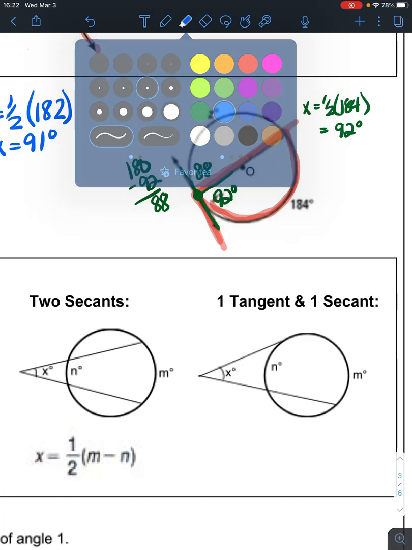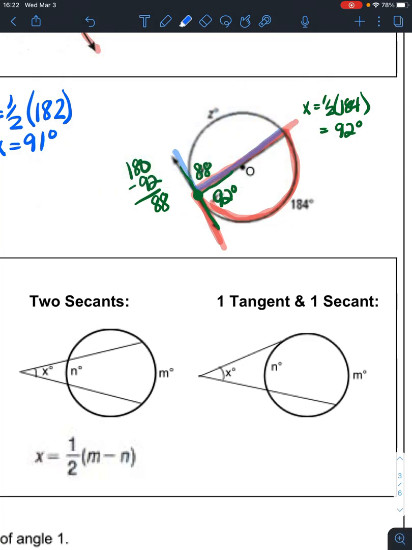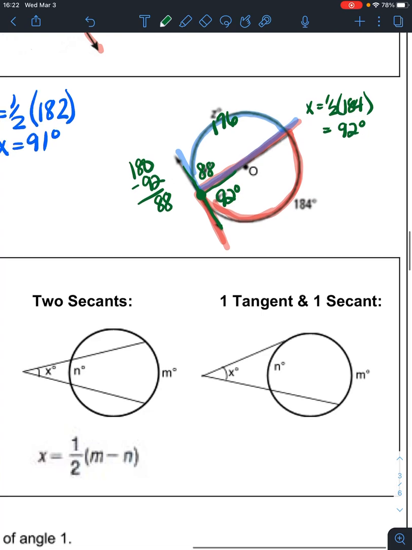Now, this angle right here, angle Y, intercepts this arc. Well, the angle is half the arc, so if I double the 88, I get that Z is 176. I could also have taken 360 and subtracted 184 and got that 176 that way too.